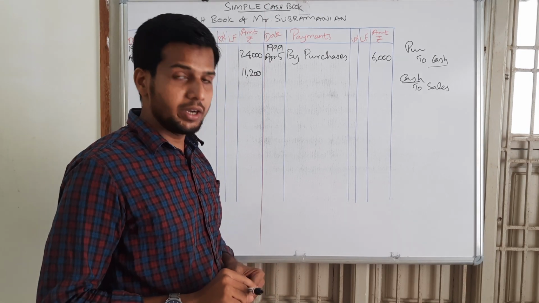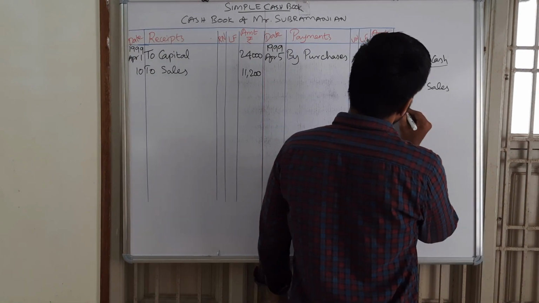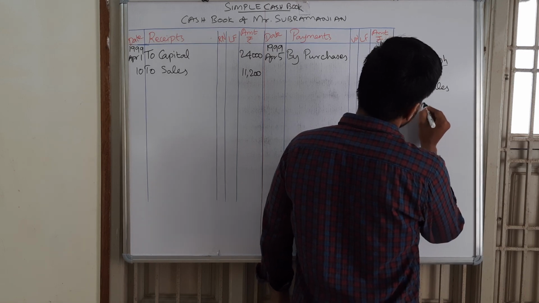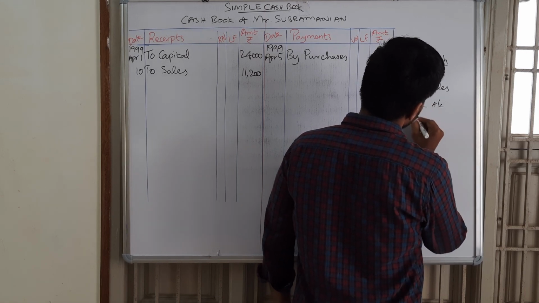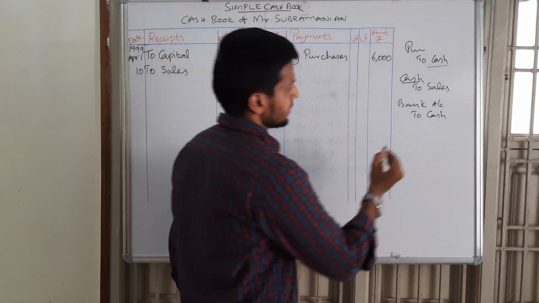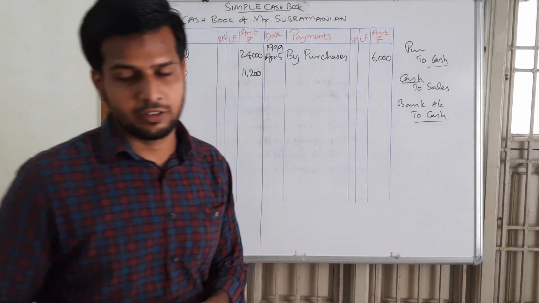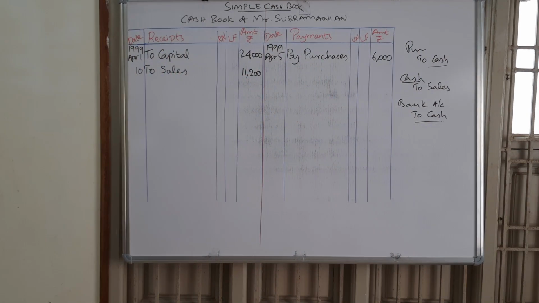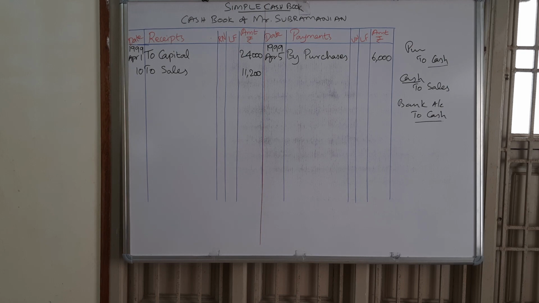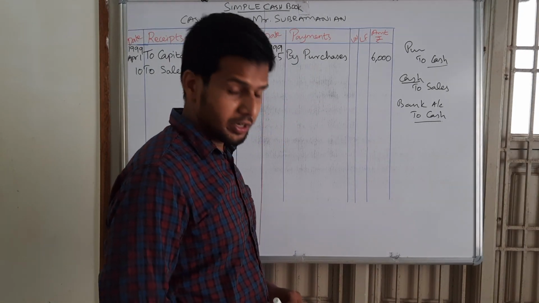And next, April 13, paid into bank. Paid into bank means the entry will be bank account debit to cash account. So after April 10, paid into bank.